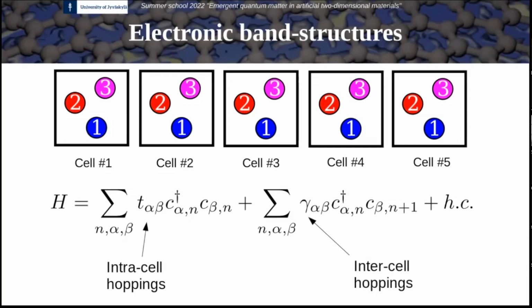If you have translational symmetry, your Hamiltonian commutes with the translation operator, and there is a basis in which you can simultaneously diagonalize the translation operator and the Hamiltonian. This basis is the basis of Bloch waves, or plane waves.